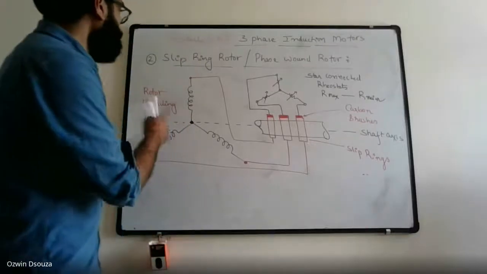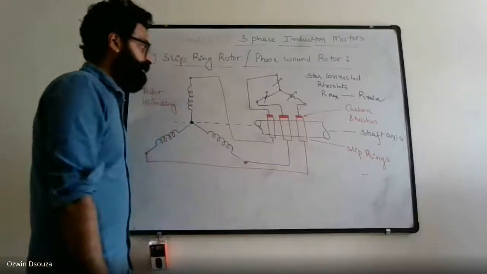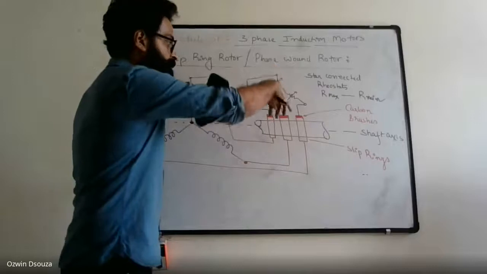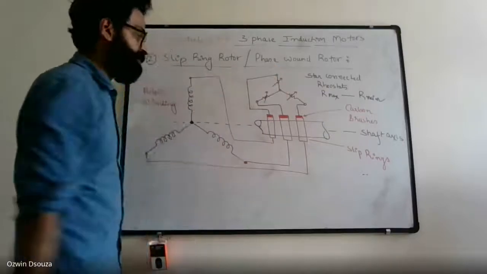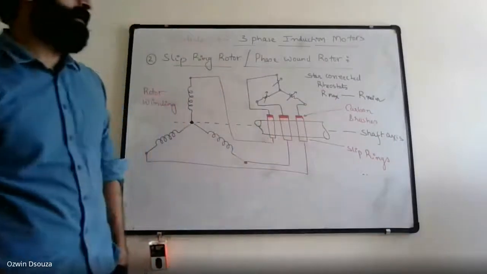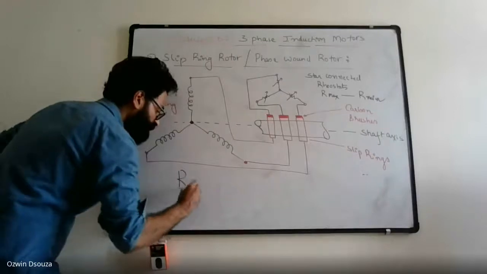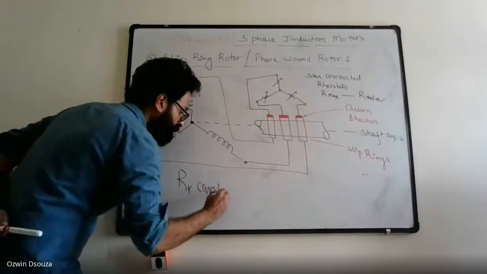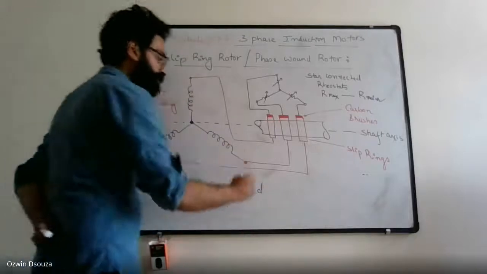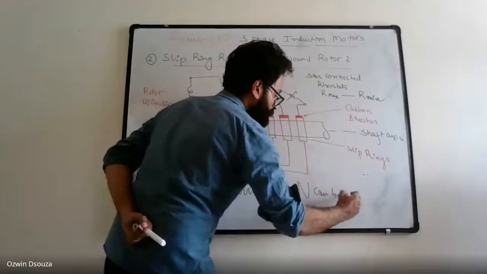But if you look at the slip ring rotor construction, you can clearly observe that external resistances can be added into the rotor circuit, and these resistances can be varied between R max and R minimum. You can say that the rotor resistance can be varied. By varying the rotor resistance, speed can be varied.